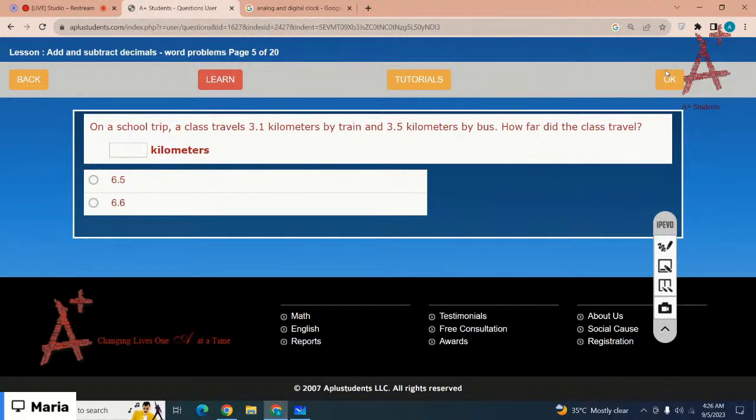You have to calculate the total distance they traveled, right? Yes, you have to add, so it makes 6.6.